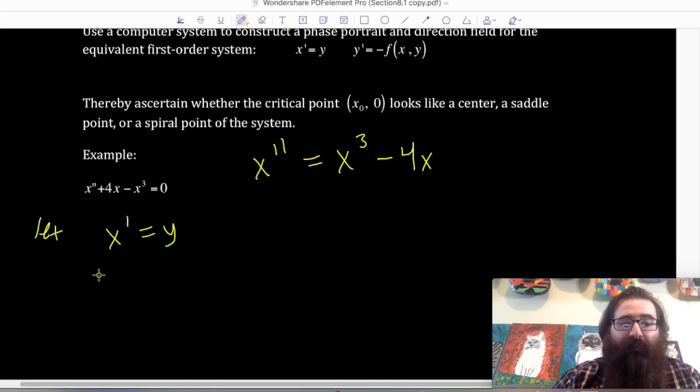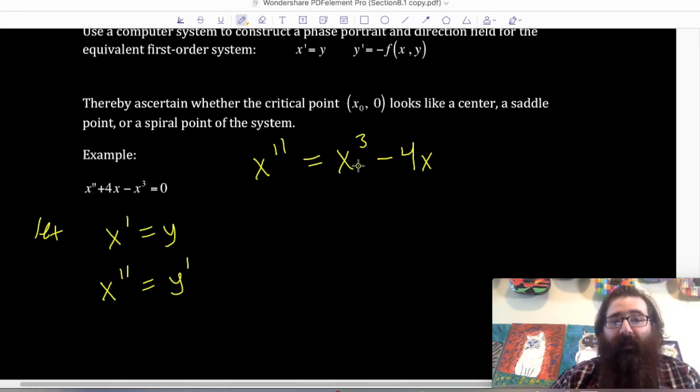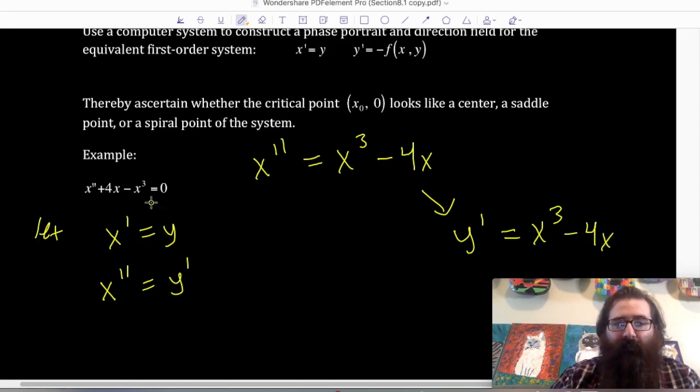If I differentiate both sides, this means that x double prime is equal to y prime. So I can replace x double prime with y prime. Here we get y prime equals, and there's no mention of x prime here, so we would just get x cubed minus 4x. And then the substitution as well, x prime equals y.